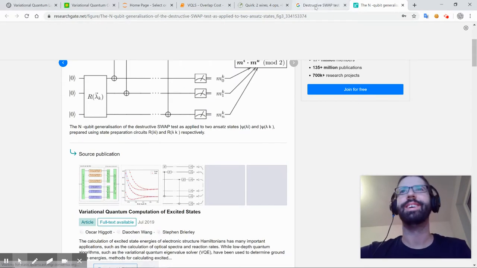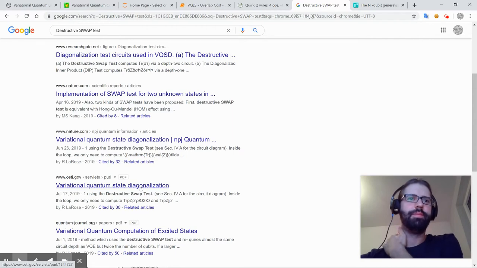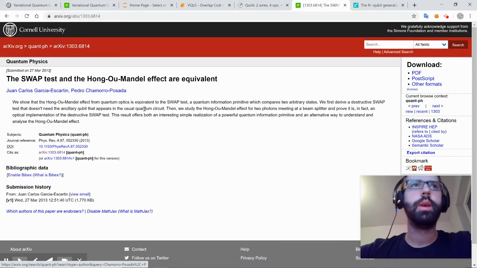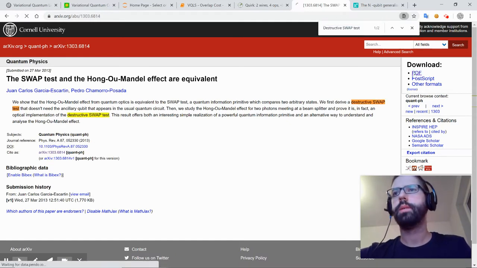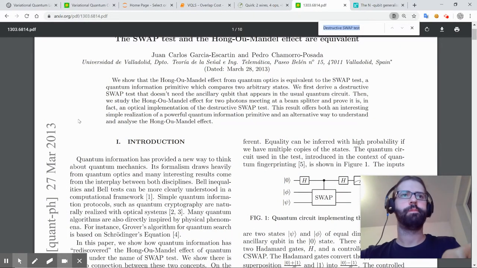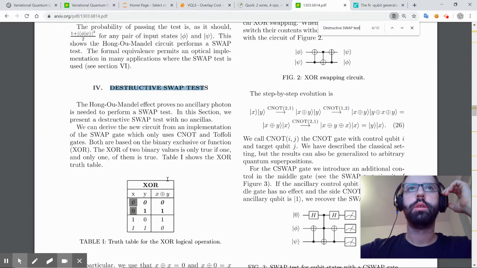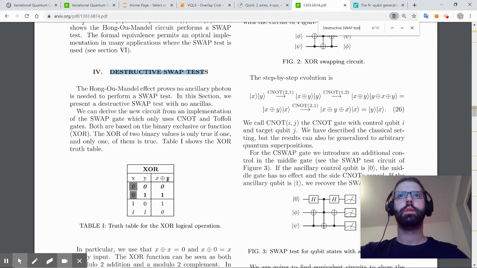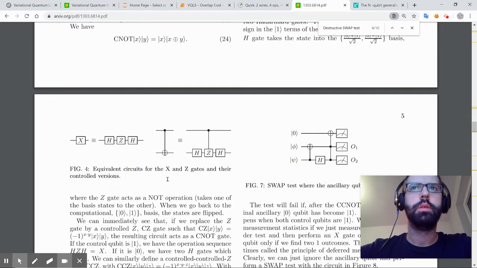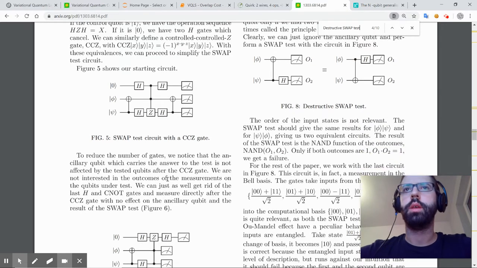Oh no, okay, it's the same paper. Here there seems to be something. Destructive swap test.